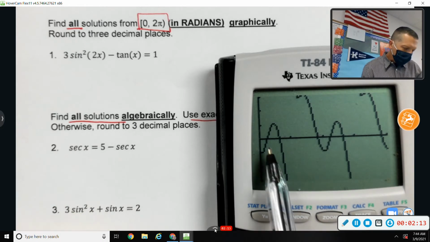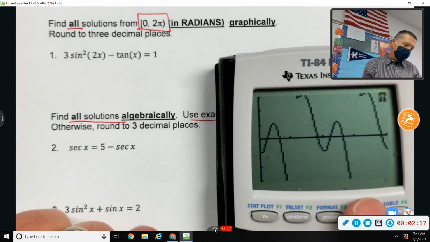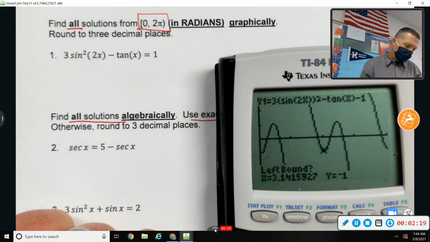Maybe even before we get started, there's 1, 2, 3, 4, 5, 6 zeros. So second calc 0. Prefer to list them in order so I don't get lost where I'm going here. So left bound, get to the left of the 0, enter. Right bound, get to the right of the 0, enter.